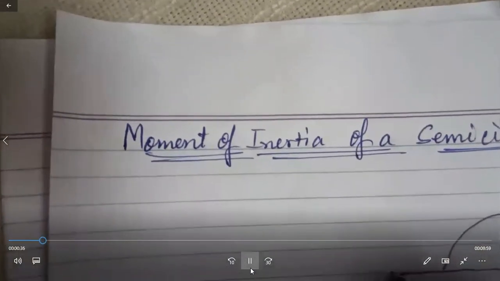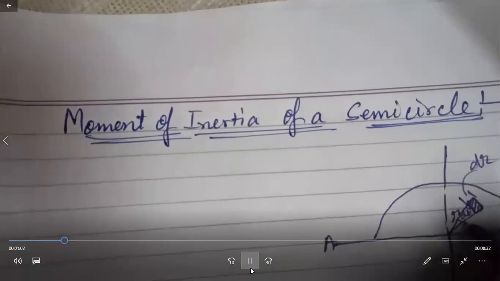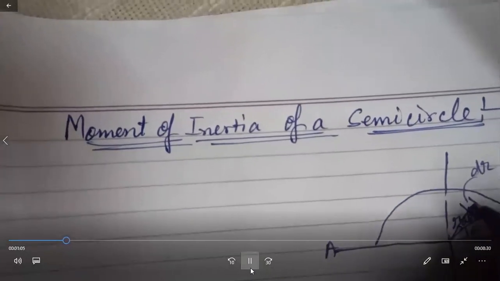So this is the axis AB, and similar to the circle, we have taken this element at a distance r of thickness dr. So this is d theta, and this angle is theta.